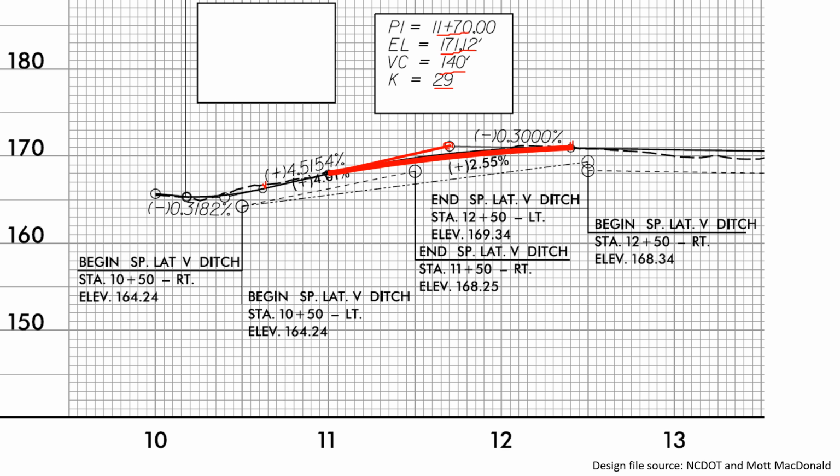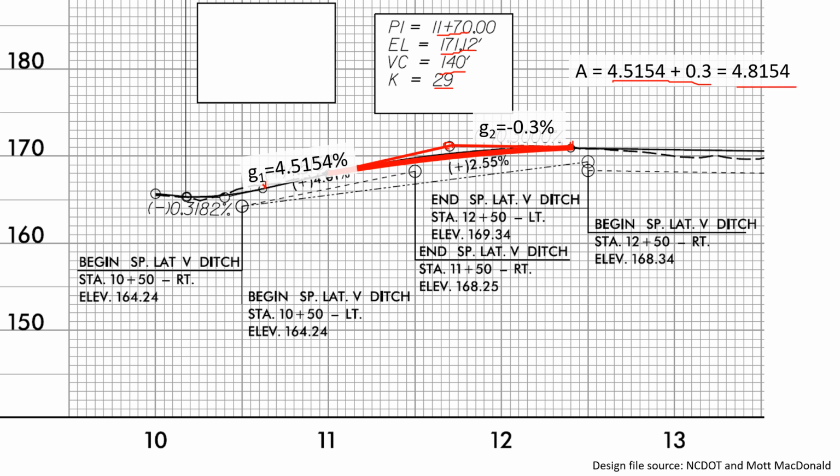We have an entrance grade G1 and an exit grade G2. That G1 entrance grade is 4.5154%. The exit grade G2 is -0.3%. That gives us an algebraic difference in grade, when we take the difference between those two grades, of 4.8154.